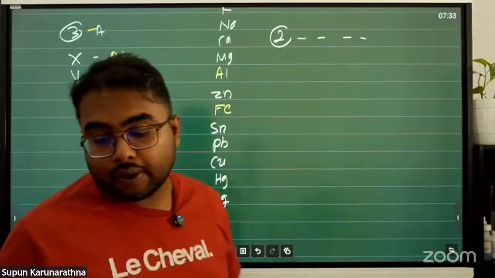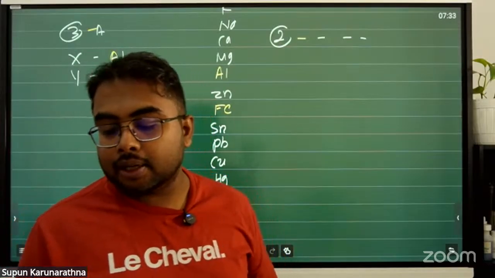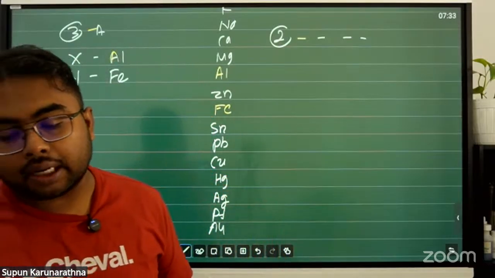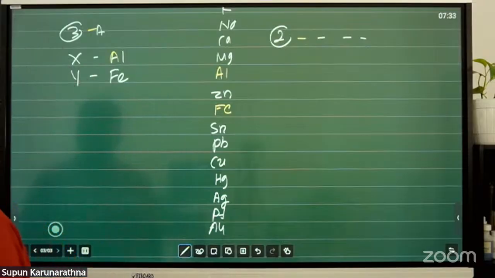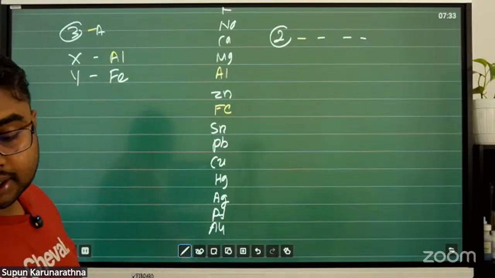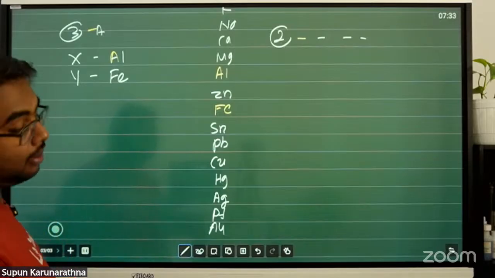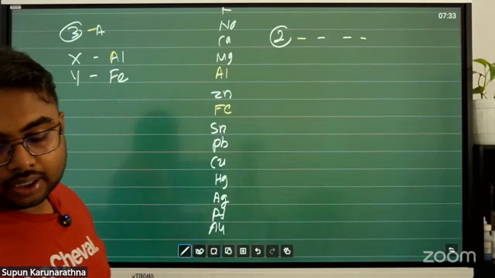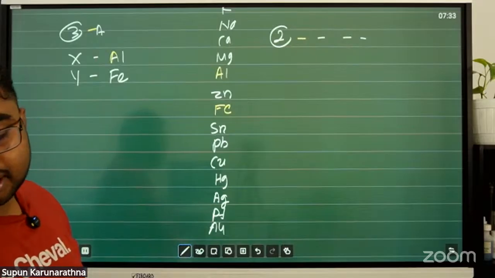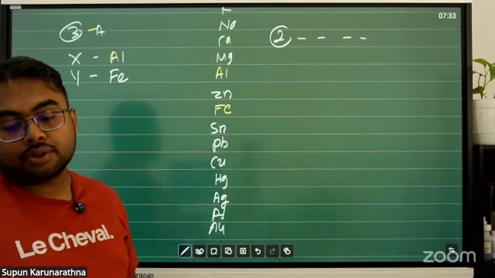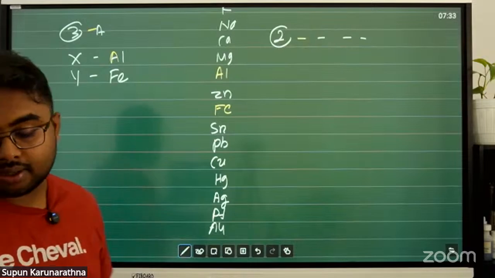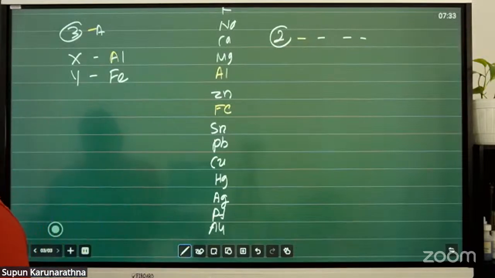Third one, part 2. Name the technical method used to extract metal Y. It is asking about the technical method, not the chemical name. So what is Y? Y means iron.